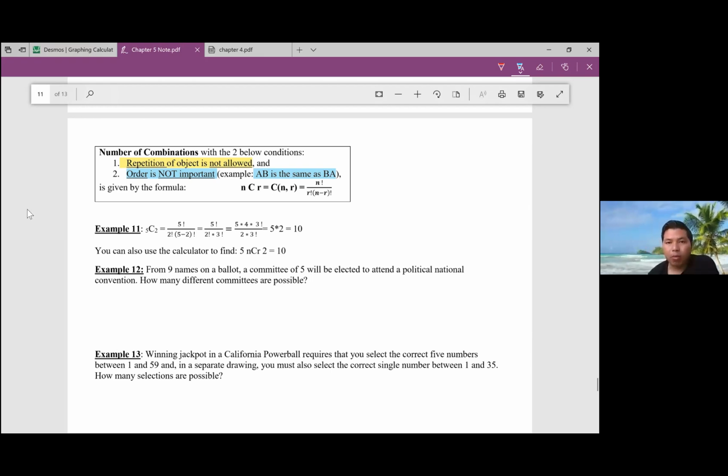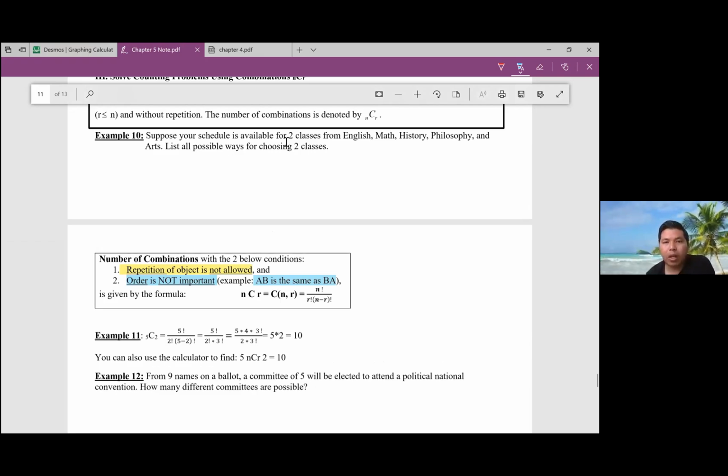So here we go. Suppose I want to choose 2 classes from English, math, history, philosophy, and art. I have 5 classes to choose from, so n is equal to 5 and r is equal to 2.